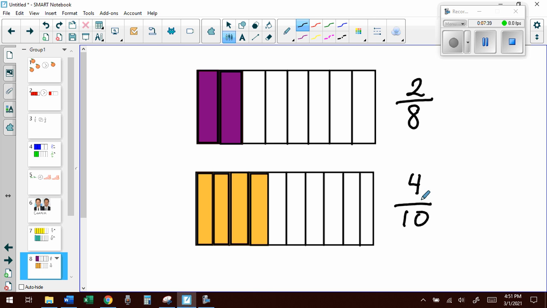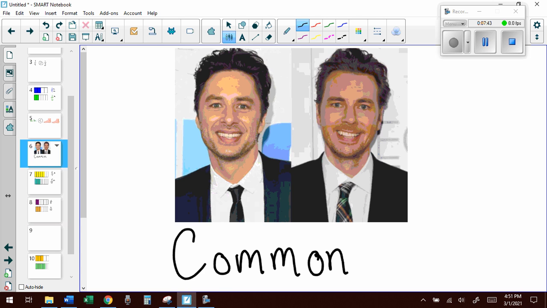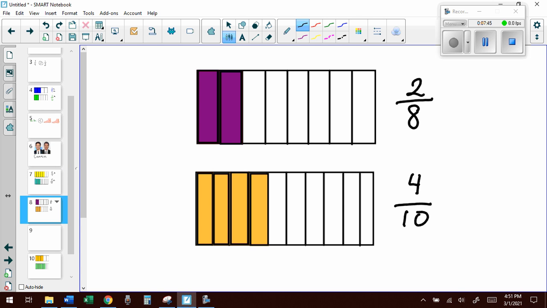Now, our job is to look for things that they have in common. I don't see any. Numerators are even. Denominators are even. That's about it. So they don't right away have anything important in common.